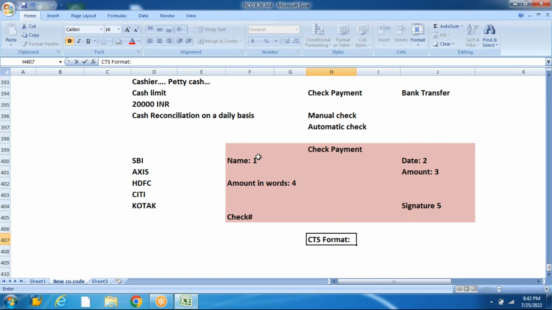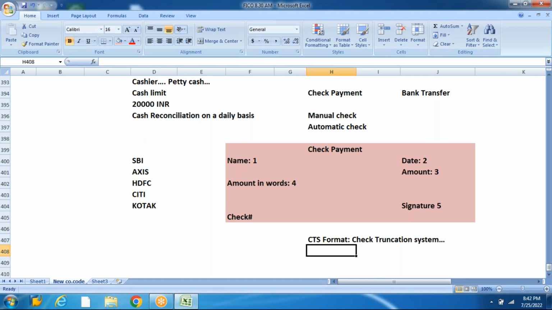What does CTS stand for? Check Truncation System. If you're attending an interview, these points will add more value when you're explaining to somebody.